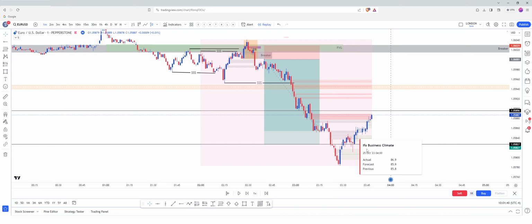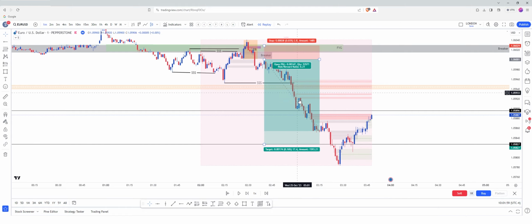This isn't a red news folder that I pay much attention to, if I'm honest with you. I've never really heard of that one. This is not like a CPI, PPI or a bank rate change. So I wasn't placing much weight on this one. Potentially to my own detriment, I wanted a trade long because I'd missed that trade long. I'd missed that short trade, therefore I was pretty desperate to get in on the action.